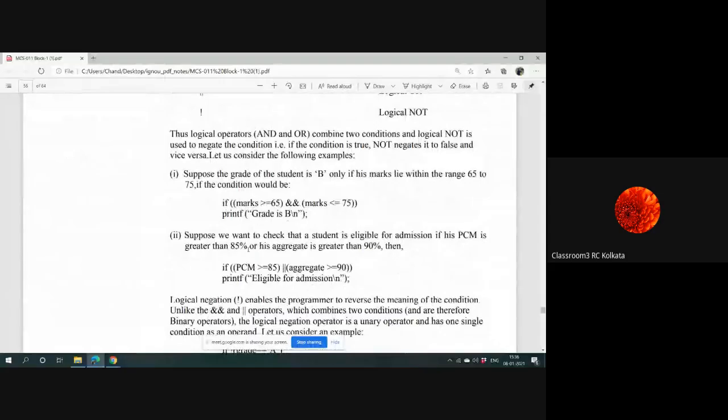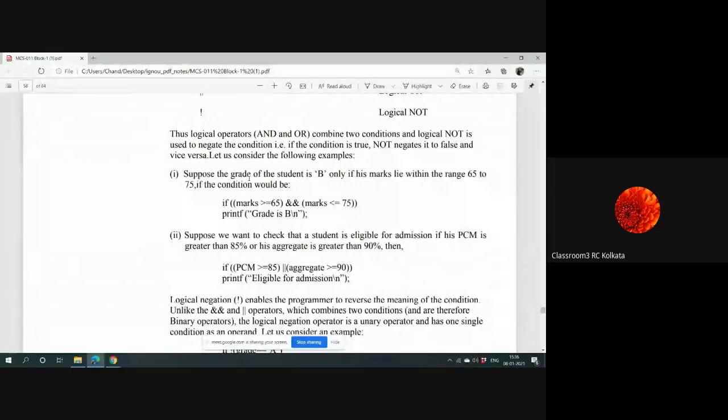Suppose the grade of the student is B only if his marks lie within the range of 65 to 75. So it can be written with this logical operator, because I told you that this will only be true if both conditions are true. So one student will have grade B only if marks lie within the range of 65 to 75.